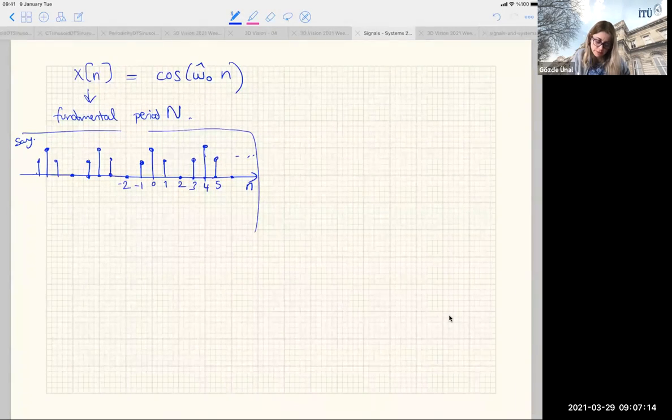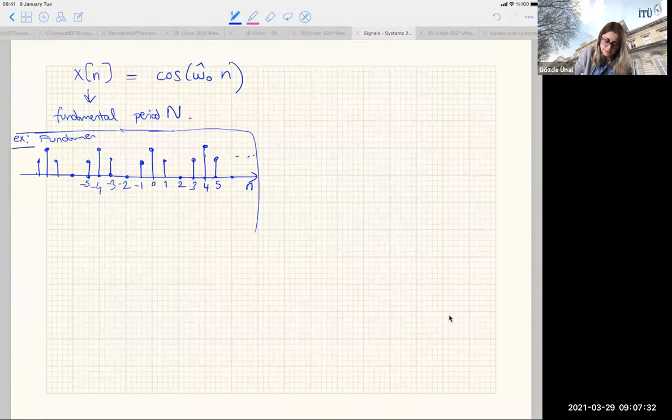Do you have an idea? I'm just asking about the fundamental period. This is an example, not a sinusoid currently, but what is the fundamental period of this signal?